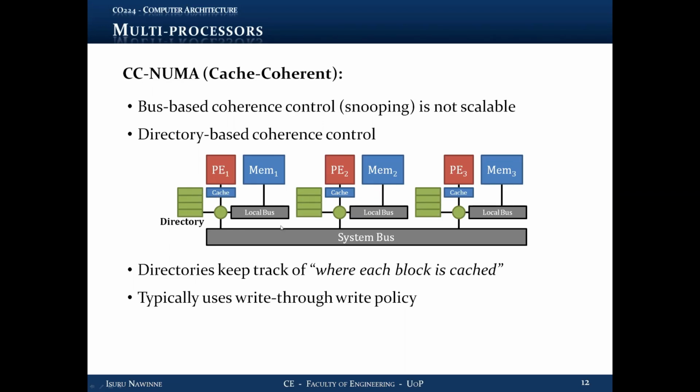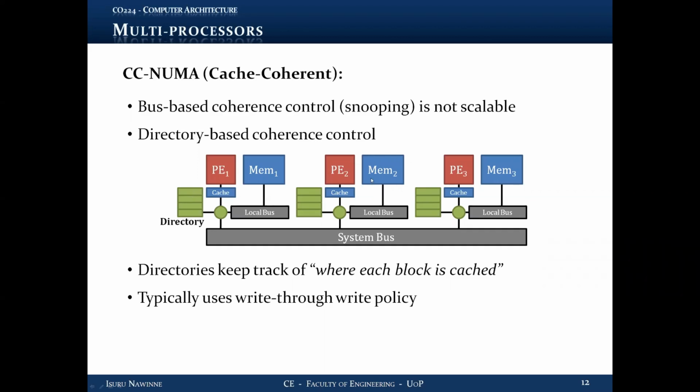The directory itself can be distributed, like you can see here. The local segment of address space here can be kept in the directory here. So what about the blocks in the address ranges in this memory? If those blocks are cached by other nodes in the system, that is available in this directory.